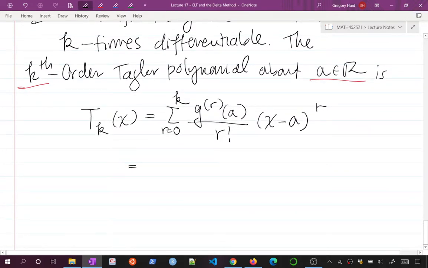So written out more explicitly, the zeroth derivative we're going to just call the function itself.